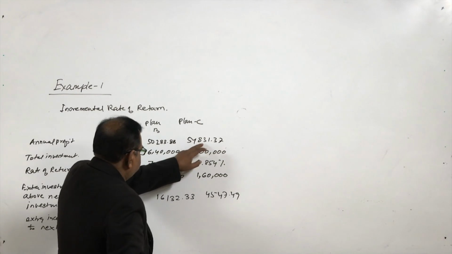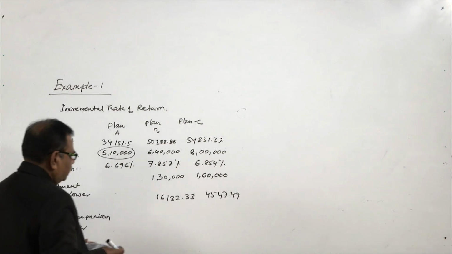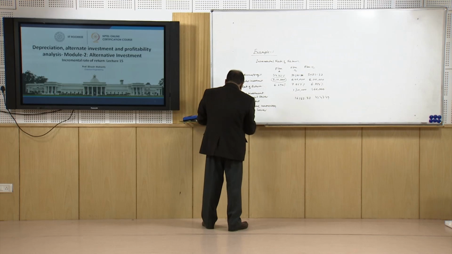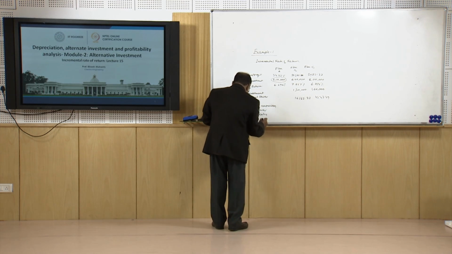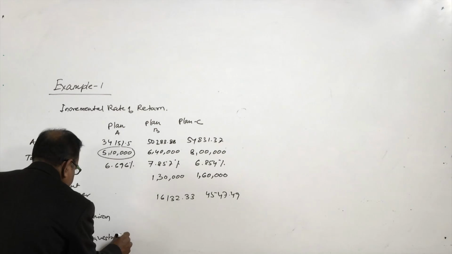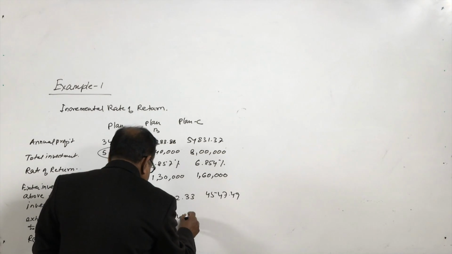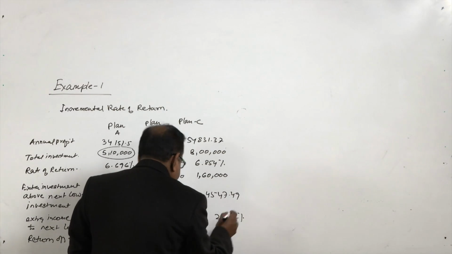Now, if I find out the return on extra investment, I find here 12.41% and this is 2.842%.